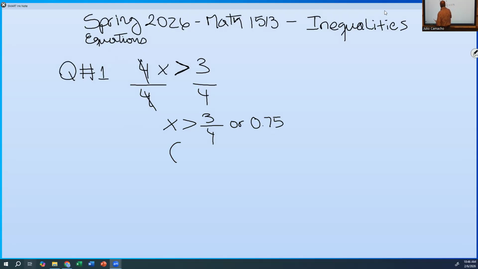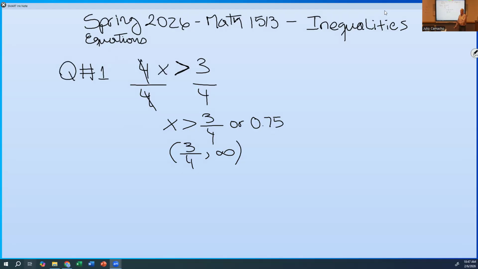And in my parenthesis, because it's greater than 3/4, I can put 3/4, or you can put your 0.75 if you want, doesn't matter. And comma, and what else goes? Infinity, and then after infinity, what do I place there? A parenthesis.